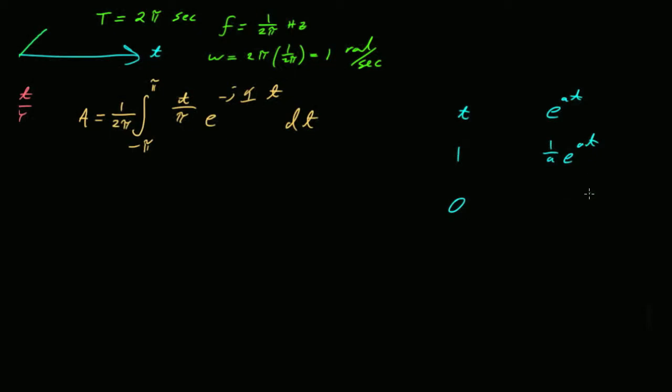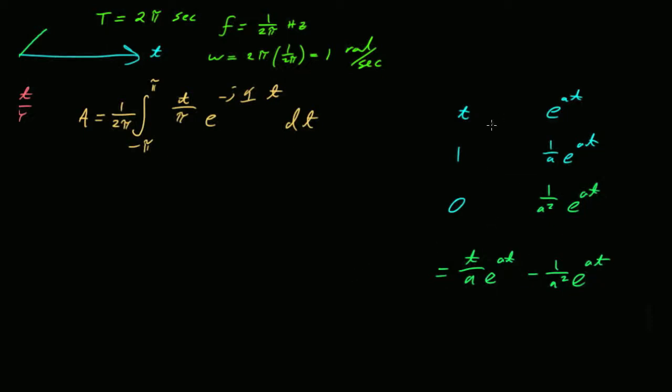So in other words, the integral of t e to the a t is going to equal t over a e to the a t minus 1 over a squared e to the a t. There you go. There's your table. Yeah. Just because I always forget how you assign the plus minus. So that's what screws me up.